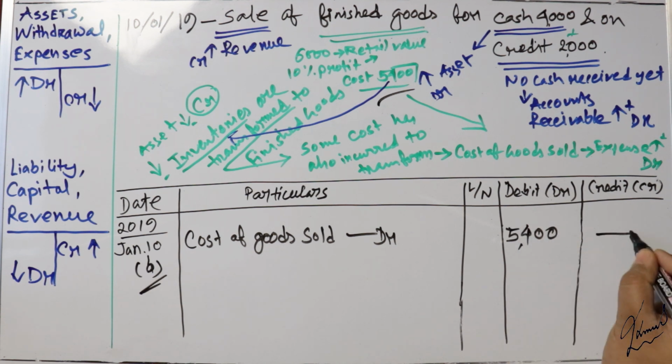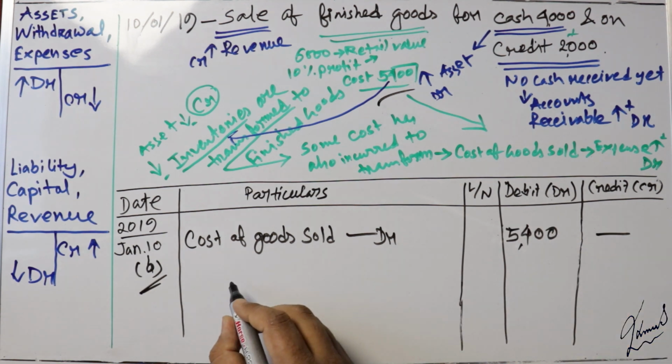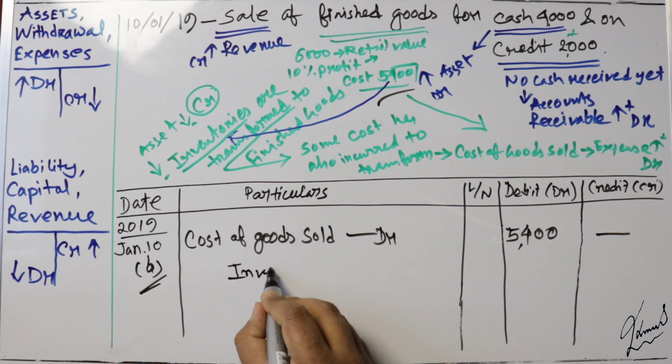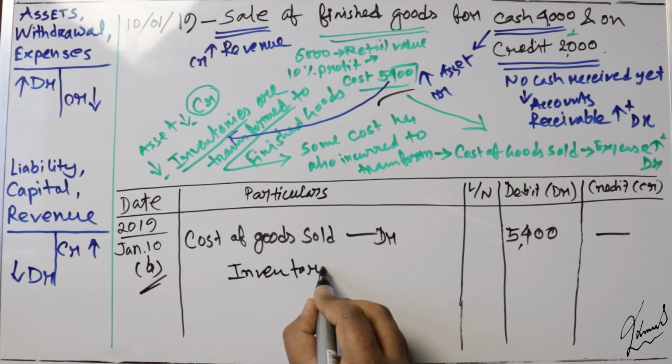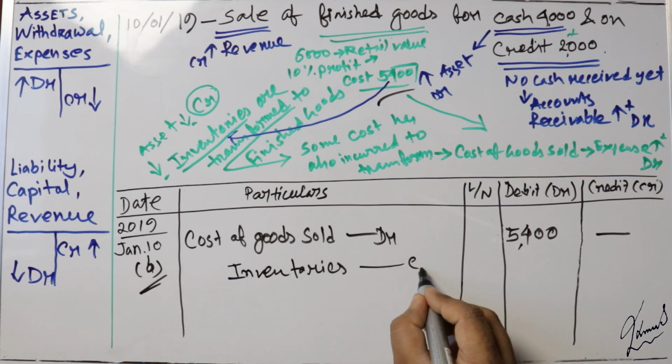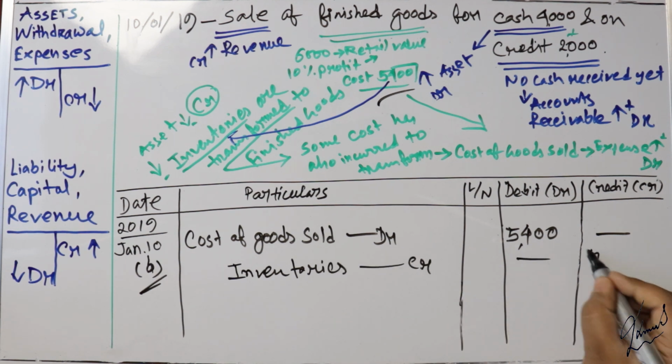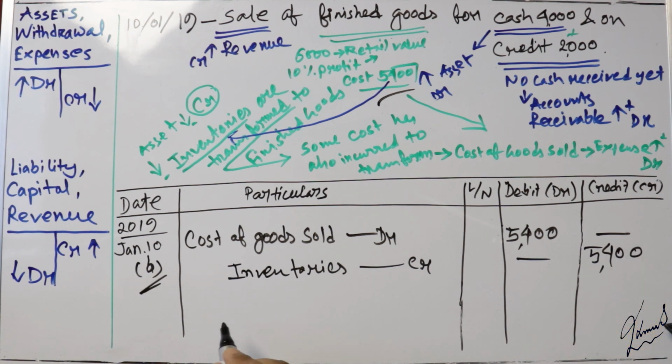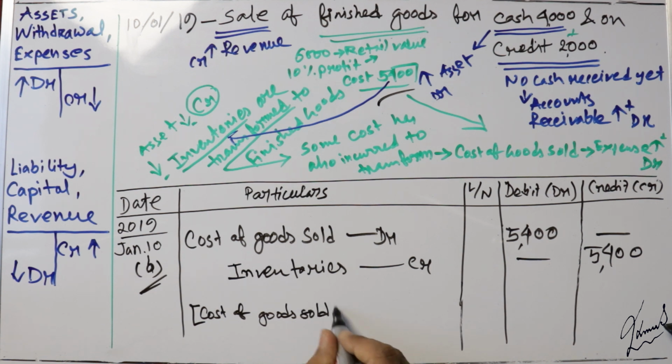And then inventories, since after sales the overall inventory position has reduced, and the amount will be 5,400 under the credit column. And you can write a short note that cost of goods sold has been incurred. It has to be very simple and easily understandable, yet informative.